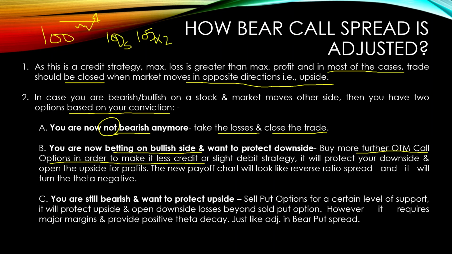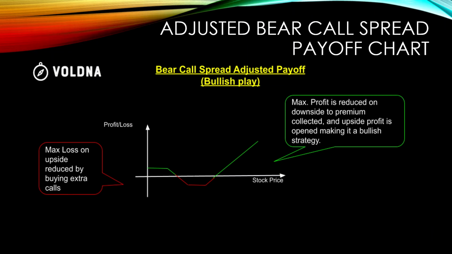What this will do is make your payoff chart like this. It will protect your downside profits and it will open your upside profit. So buying more out-of-the-money call options helps in playing a bull market run.